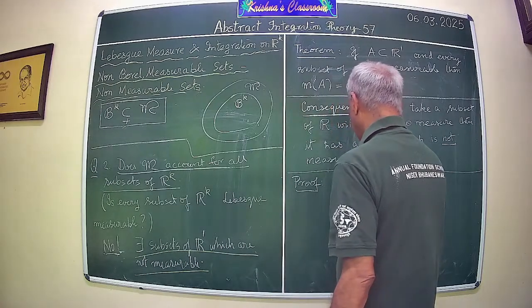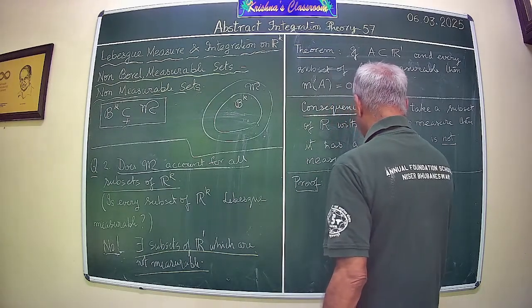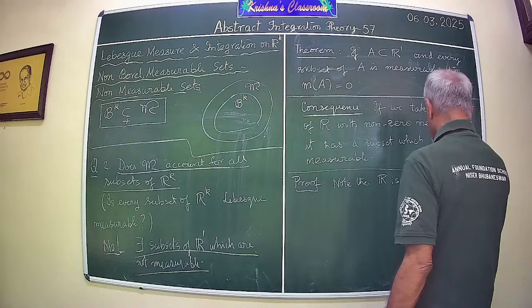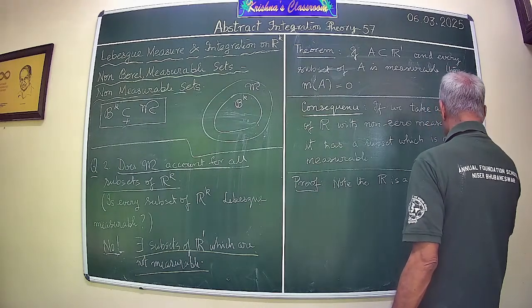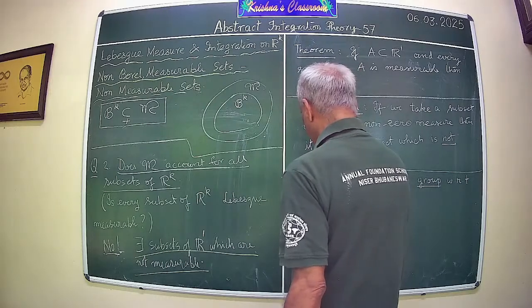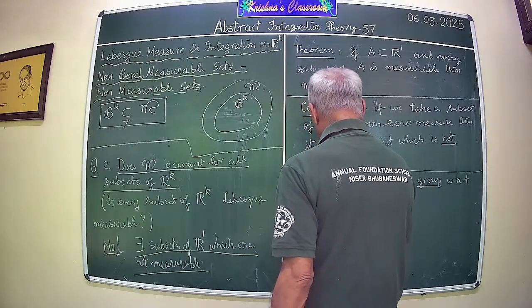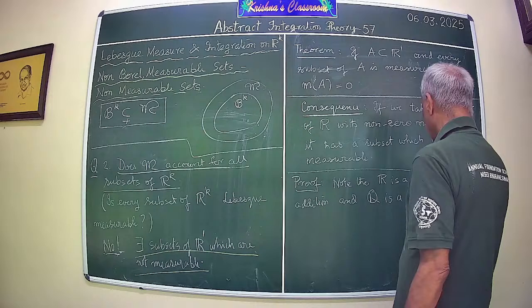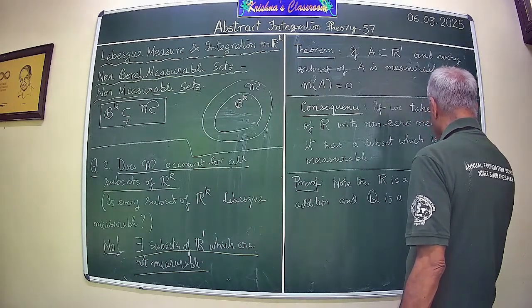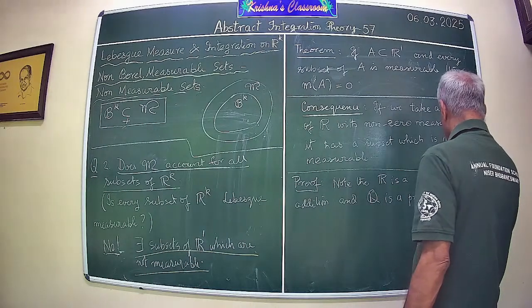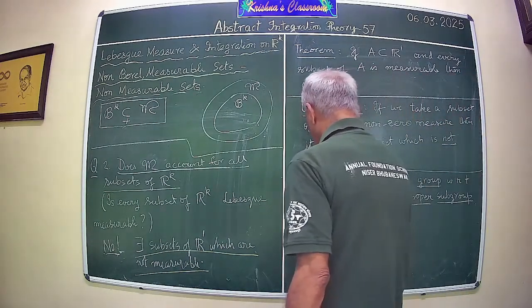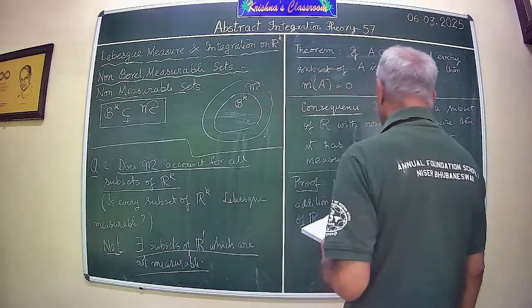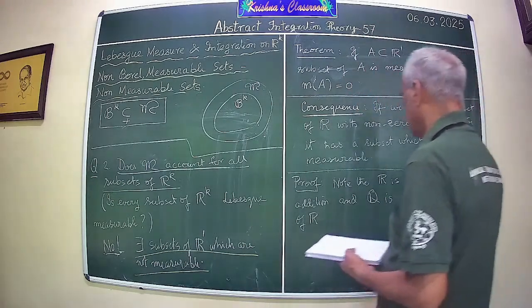Now note that R1 is a group with respect to addition, and the set of all rational numbers Q is a proper subgroup. Q is the set of rationals.